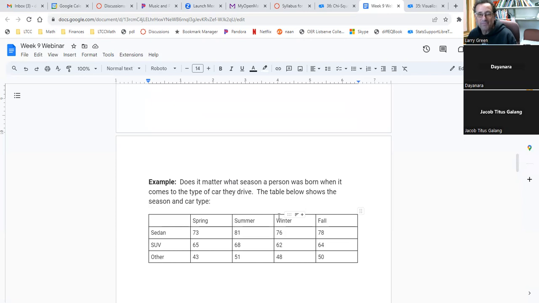The table below says the season and car type. So the seasons are spring, summer, winter, and fall. Hopefully you all know those are the seasons. And the car types are sedan, SUV, and other, which is what I've decided to call different cars. Just to make sure you know how to read this table, what does this 62 mean?